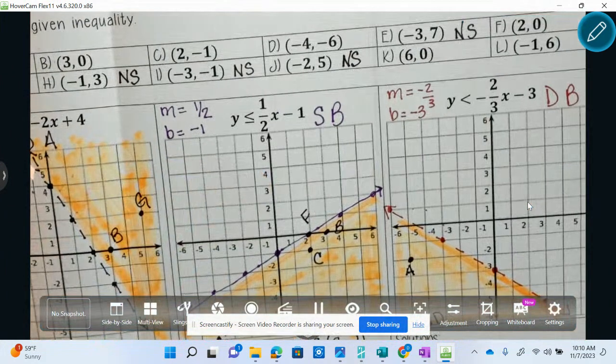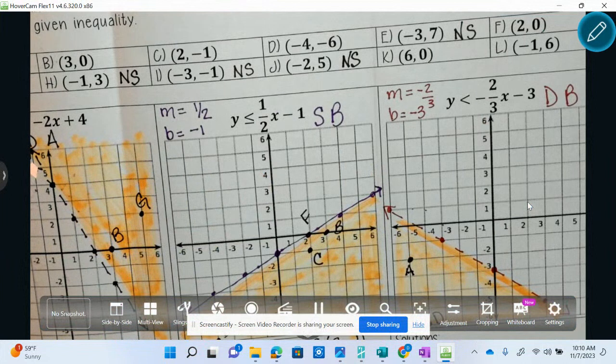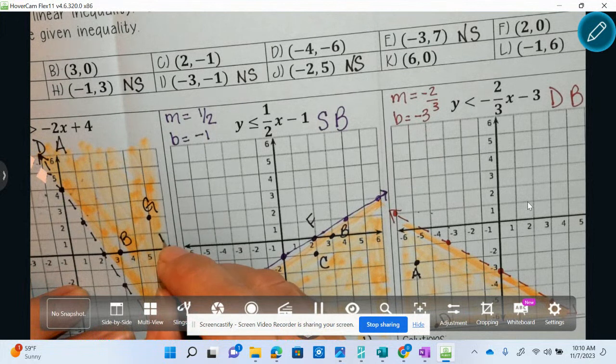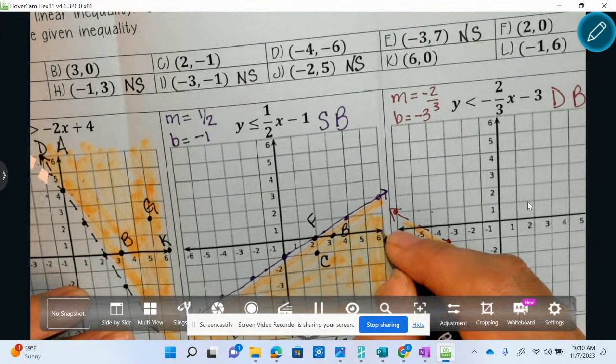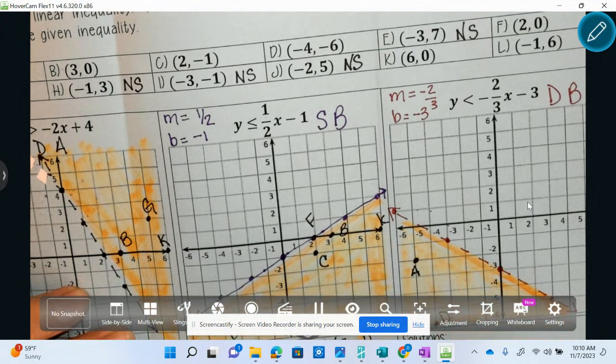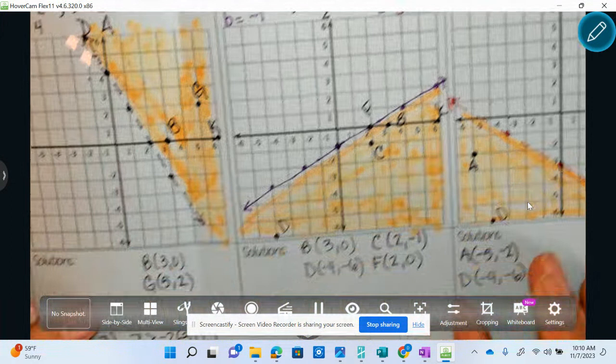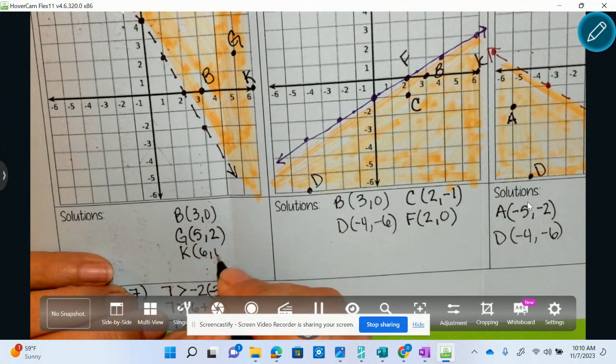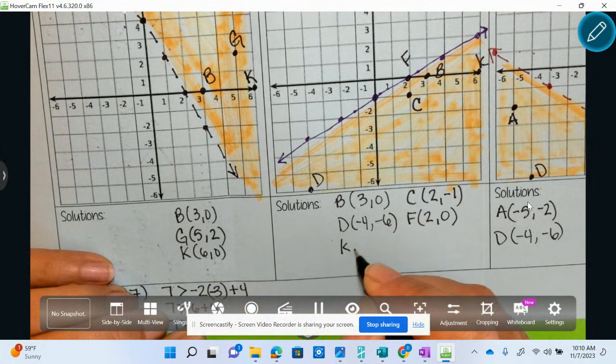Okay. What about the ordered pair 6, 0? Yeah, it goes in both. Point K. So I'm going to write it down below. That point K belongs in both the first one and the second one.